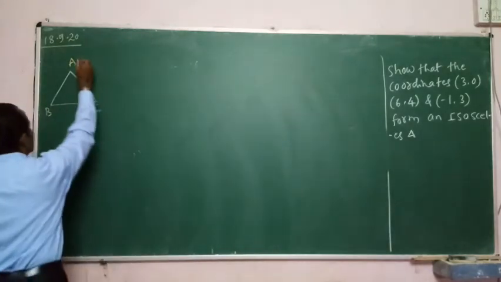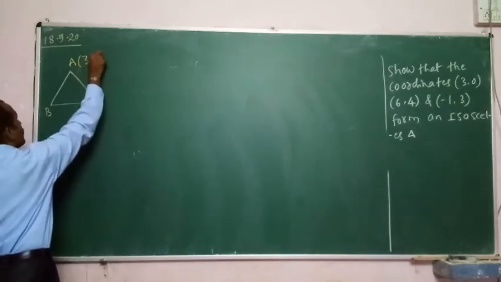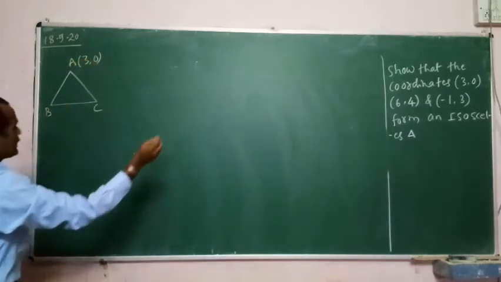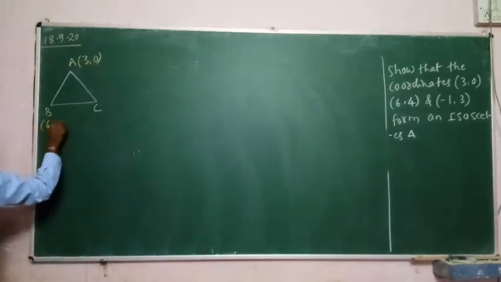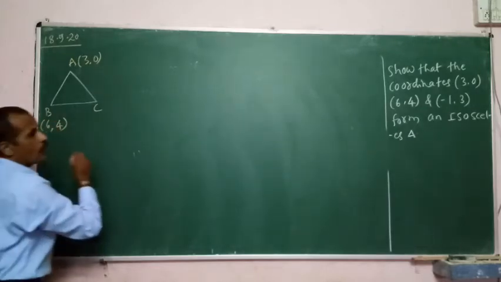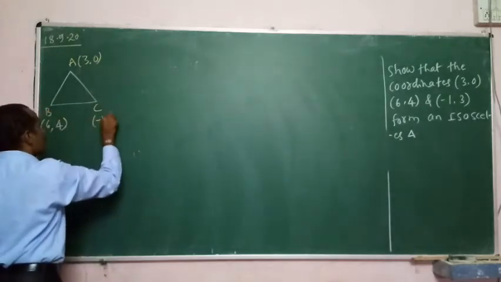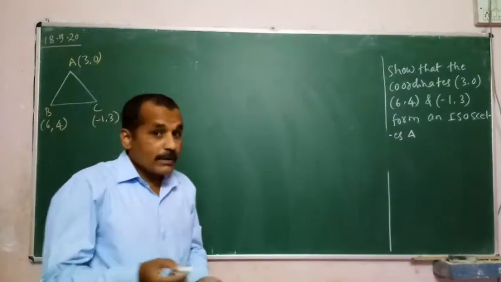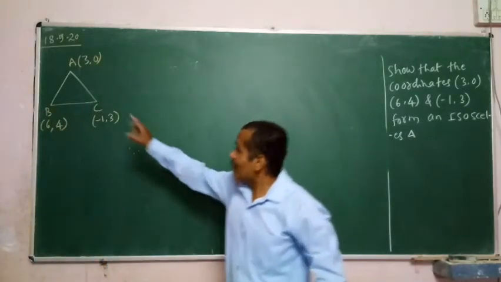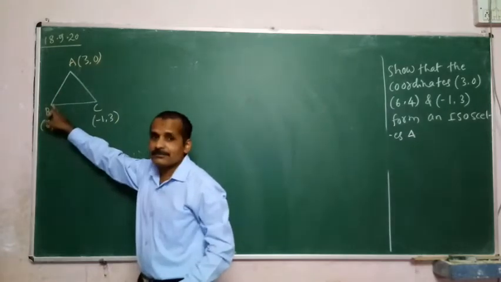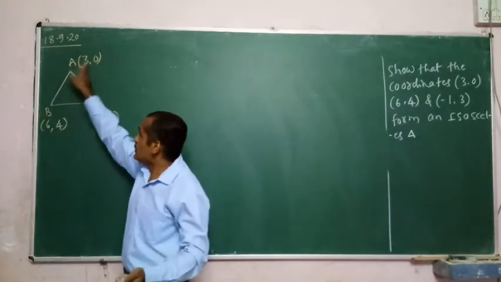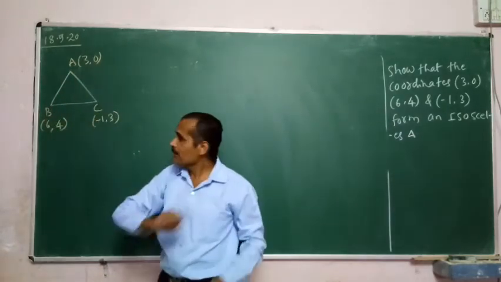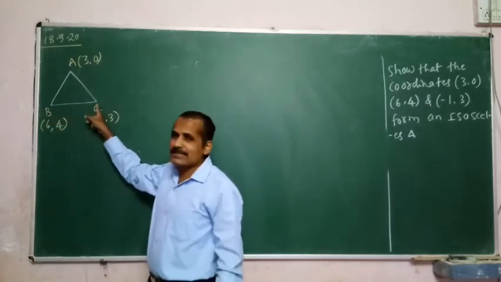I will write here 3, 0. Anyway, you can take 6, 4 and minus 1, 3. What am I going to do now? I will find the length of AB using the distance formula. Using these two coordinates, you are getting one answer. I am going to find the length of BC.